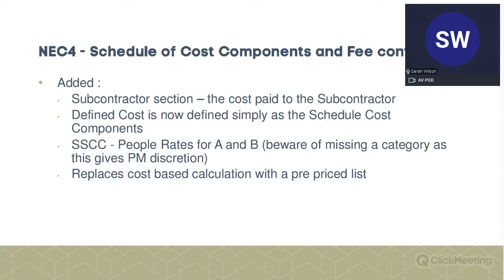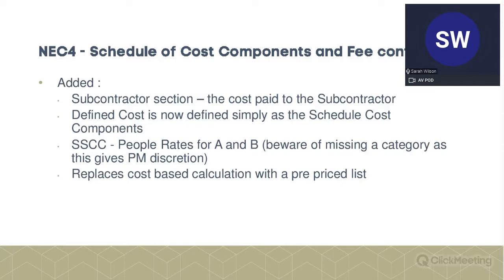I would like to see it in the schedule of cost components also. There's nothing to stop you putting it in as an amendment, but be super careful when you're amending it that you don't cause yourself more problems by not doing it properly.